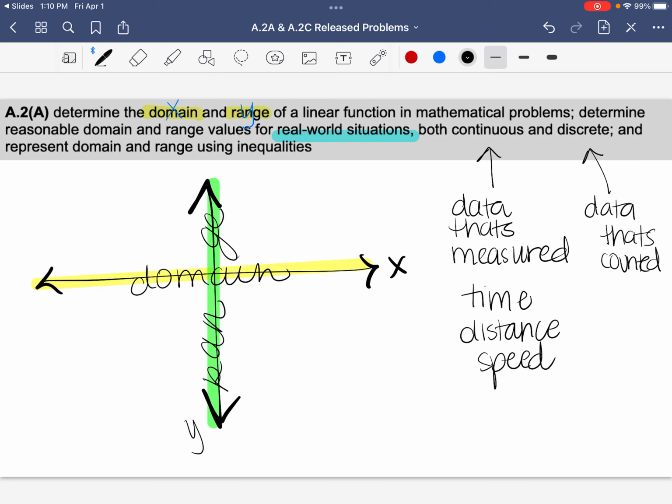So when we look for domain and range of a continuous function, so something that looks like this, or this, notice it's connected, our domain and range will be an inequality.